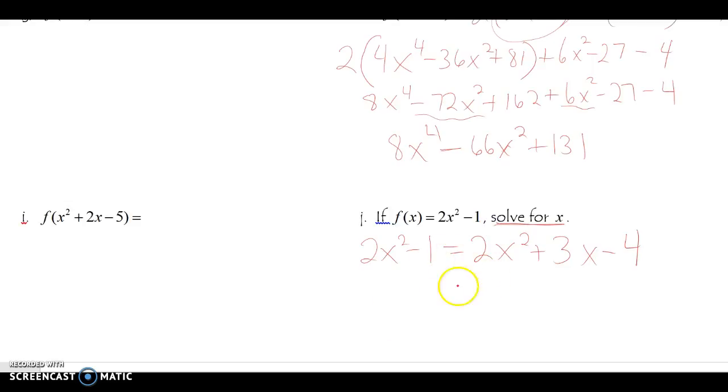So to solve this for x, we should realize we have 2x squareds on each side, so if we subtract those, we'd end up with 0. Now I'm going to add 4. So we end up with 3 equals 3x. So x equals 1.